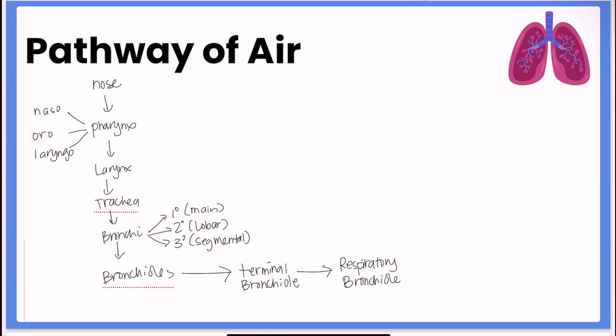And now we're in those alveolar ducts and sacs. So alveolar duct passes into the alveolar sac. Remember, the alveolar sac is the cluster of grapes.